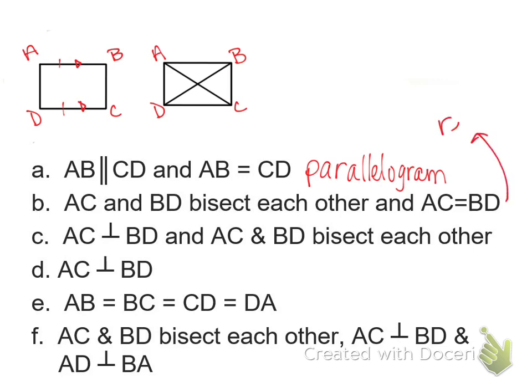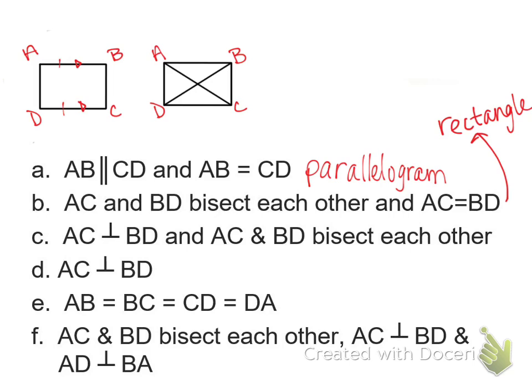This would be a rectangle. Okay, the first part of it made it a parallelogram, but if you know that you have a parallelogram and the diagonals are congruent, that makes it a rectangle.